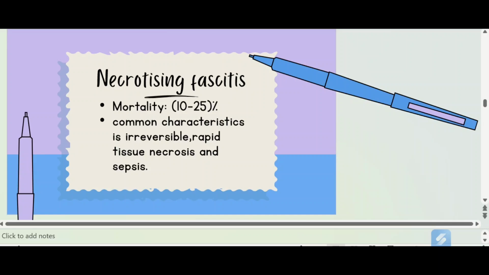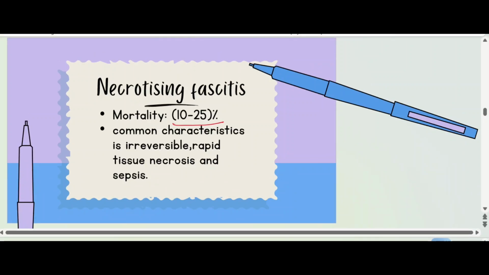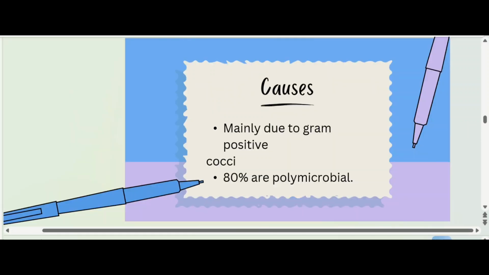The mortality for necrotizing fasciitis is very high, 10 to 25%, and the common characteristics of these conditions are irreversible and rapid tissue necrosis, leading to sepsis, and it is highly fatal. Caused mainly by gram-positive cocci. Streptococcus pyogenes is the most common organism involved, and 80% of these infections are polymicrobial.